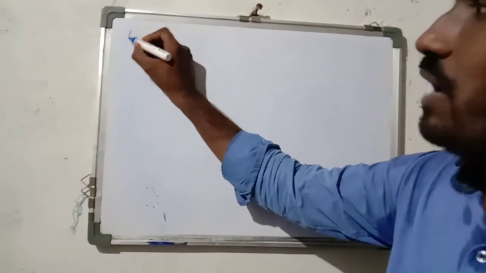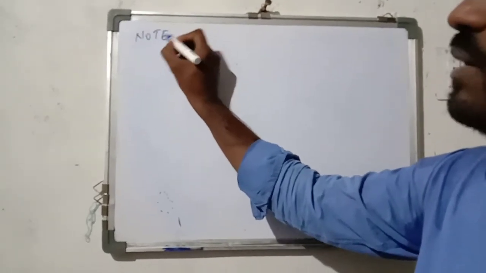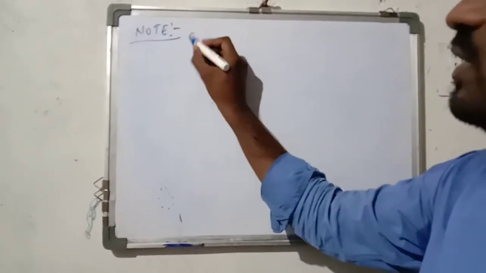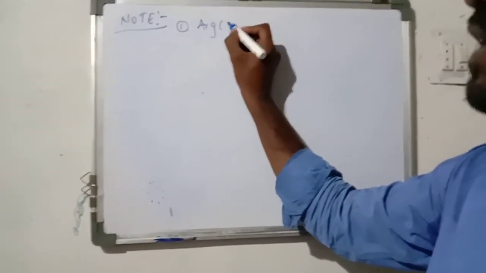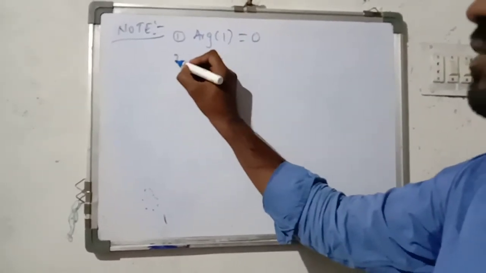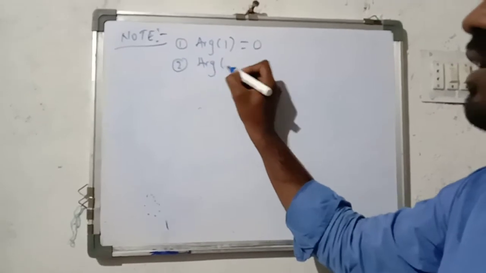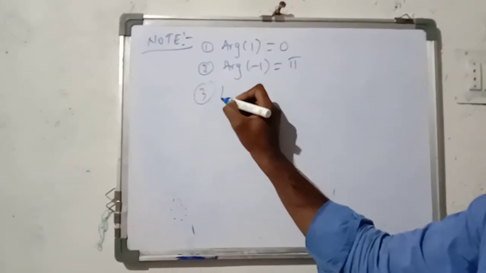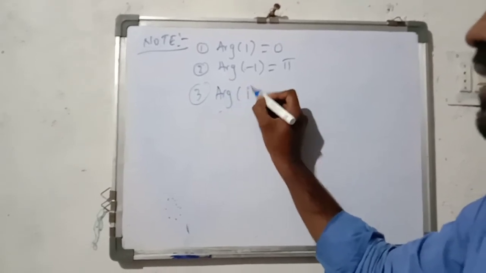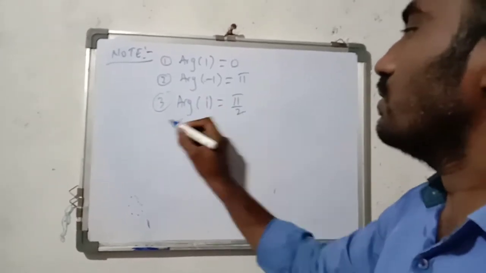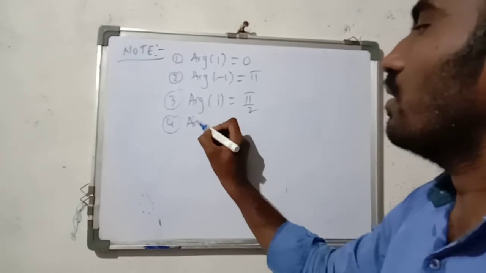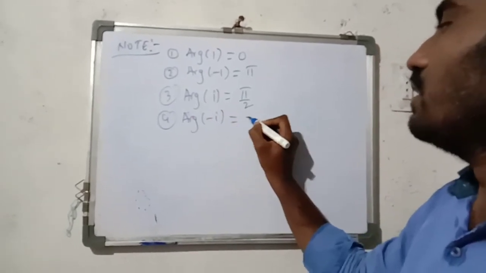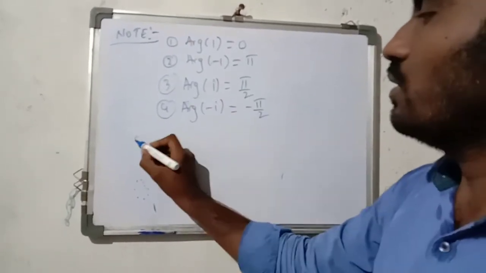Okay students, we have to remember some important points here. The first one is the argument of 1. Argument of 1 is 0, argument of minus 1 is pi, argument of i is pi by 2, and argument of minus i is minus pi by 2.